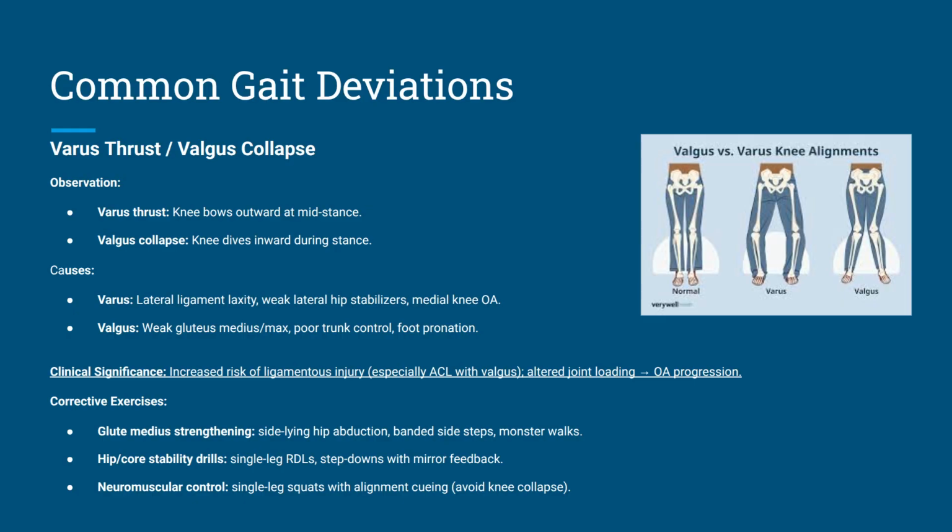Corrective interventions. Glute medius and glute max strengthening by doing side-lying hip abduction, banded side steps, or monster walks. Trunk stability training, single leg RDLs, and step downs with mirror feedback.